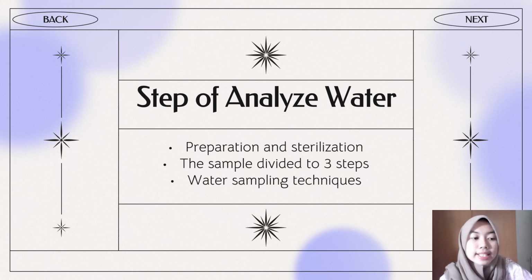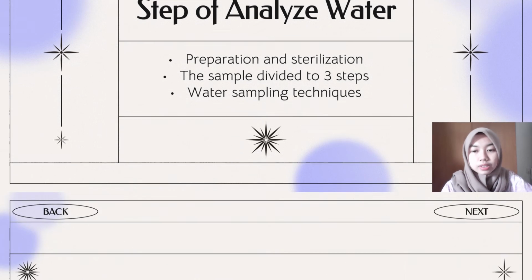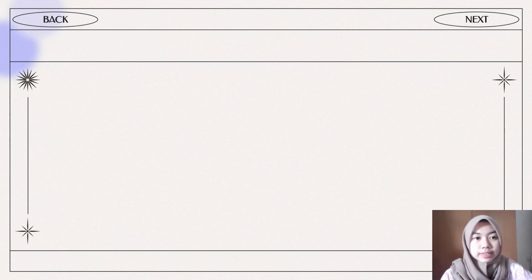The third is sampling from an open well. The fourth is sampling from a watercourse or reservoir. And the last technique is sampling water from a water container. Okay, next slide.